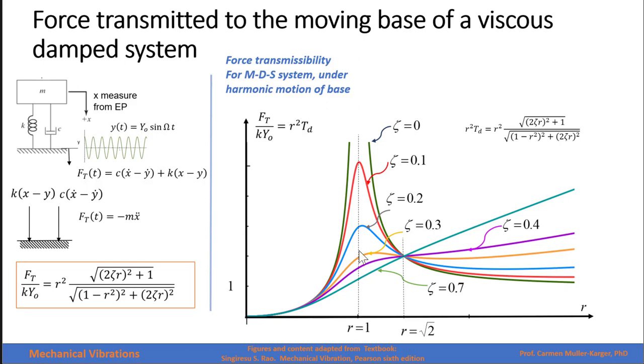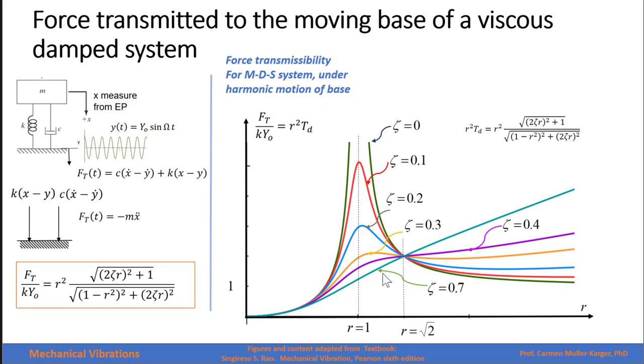For r equal to 1, that factor goes to infinity. For r equal to the square root of 2, all the values are equal to 2 for any amount of damping of the system.